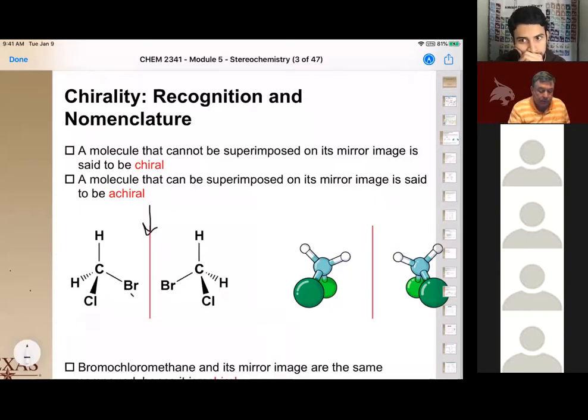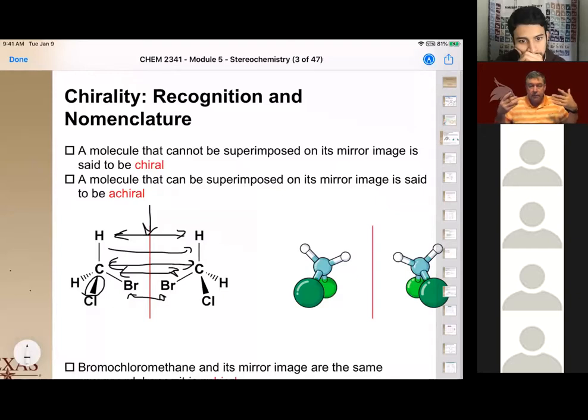So this bromine is the first thing we see. This bond is the second thing we see. This carbon is the third thing we see. This bond and this bond. See how these are all in exactly the same position. They're just mirror images of each other. The chlorine, remember, the thick wedge like this means it's sticking out of the plane of the screen toward us to give us 3-dimensionality.